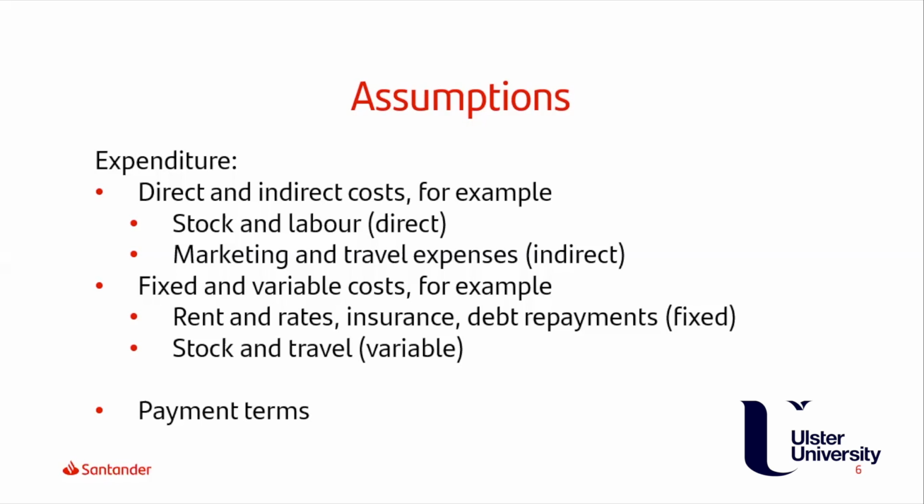And just like with sales, we have to think about the payment terms that you receive from your suppliers. Are you having to pay for stock in advance, for example, of producing and selling your product? That's probably going to be the case. It's unlikely that you're going to be able to buy in your stock and turn that around quickly enough in the space of a month. If you can, great, but you need to be able to explain that in your assumptions.